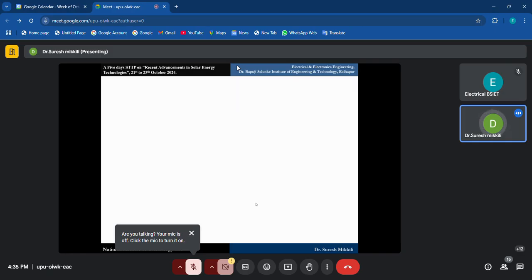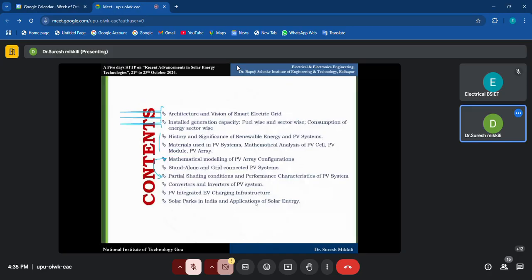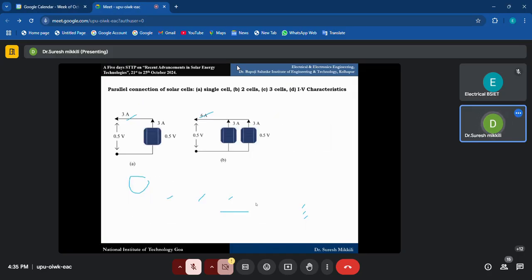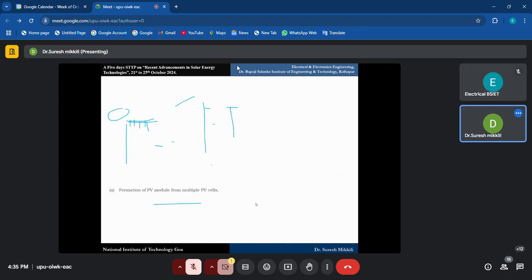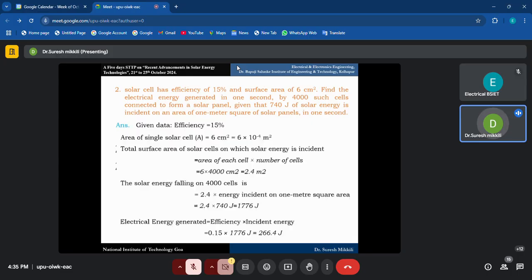Do you remember the formula? This one. The fill factor formula is P max by VOC into ISC. So P max is given, VOC is given, and the short circuit current is given.